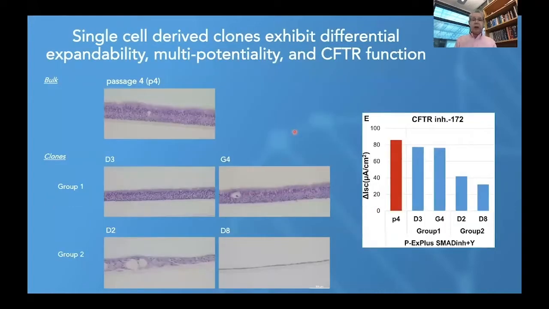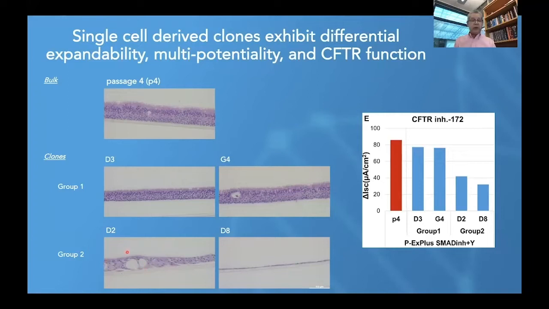In the single cell derived clones, we in fact found quite a variation in the level of expansion, multipotential differentiation, and CFTR function. And you can see some clones here that behave beautifully in terms of differentiation, thick air-liquid interface culture, as well as robust CFTR function.